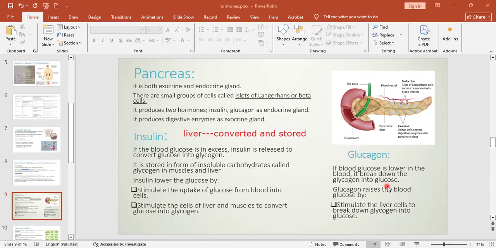It will send this glucose to the cells, and the cells will utilize it in respiration and produce energy. All right. So insulin and glucagon are opposite of each other. These two have a very important role in adrenal gland functioning as well. Okay. So this is about the pancreas.